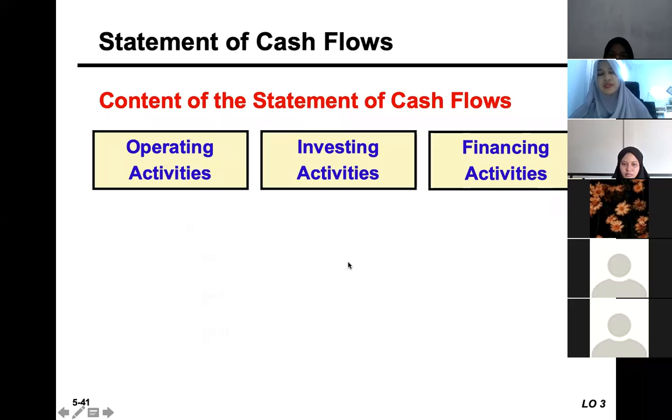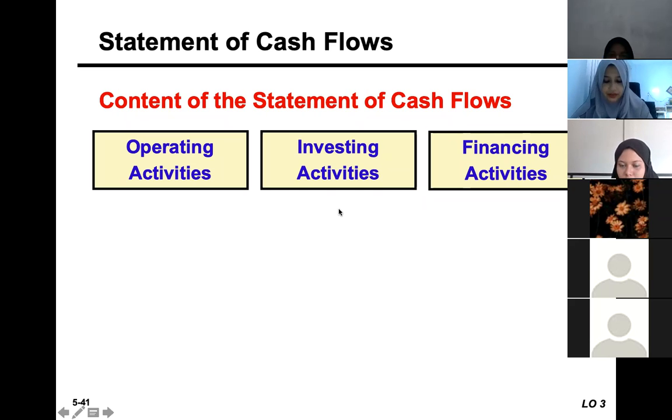So the statement of cash flow is divided into 3 activities. You have done this statement of cash flow, right, in pengantar? Can anyone confirm to me? Yes, Miss. So operating, investing, and financing. Operating is basically the cash coming from the main operational activities of the company.